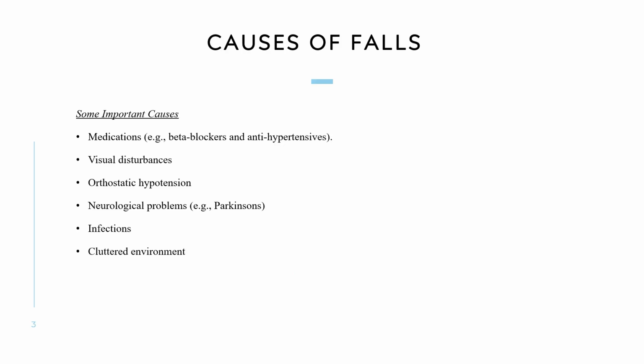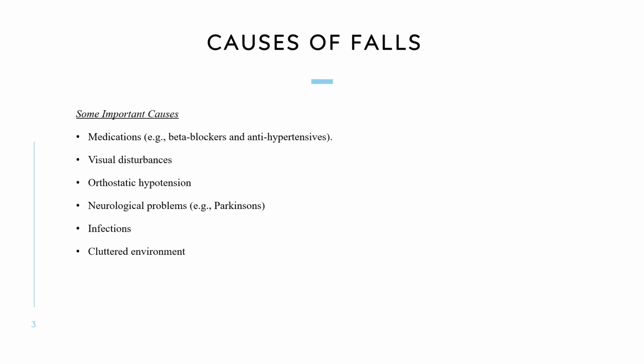Okay, so there are a number of different reasons that someone might have had a fall. One very common cause, again, particularly in elderly people, is actually related to medication that they're on. So one of the first things you want to always consider and review when someone has had a fall is the medication that they're on, because very often elderly people will be on antihypertensive medication.